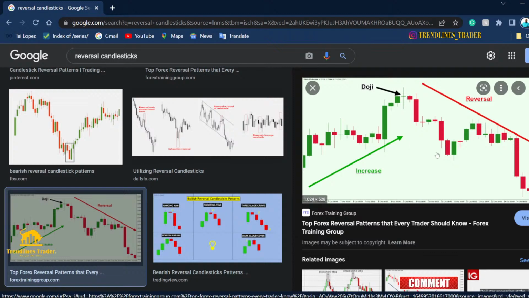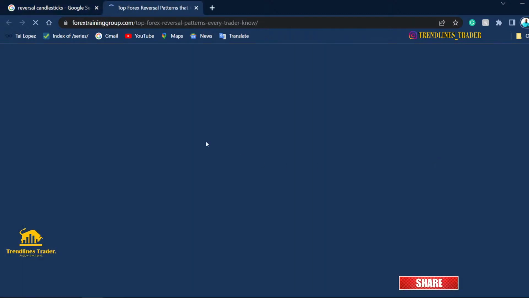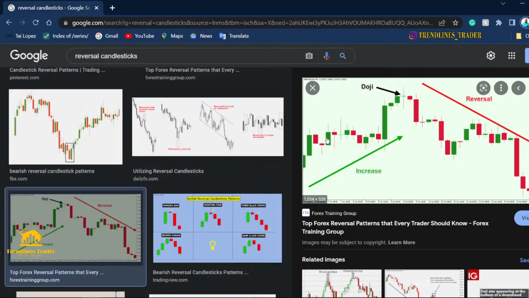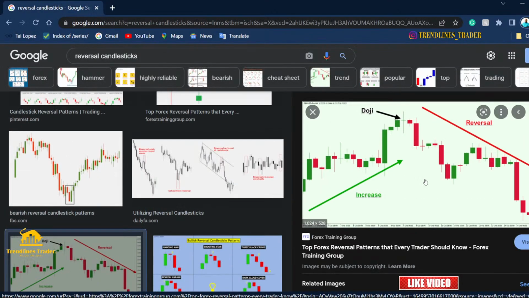I hope you guys are able to see this. Let me visit the website. I shouldn't visit the website because it's going to trigger my copyright on YouTube here. Anyway, you guys can see this. The price is bullish, and after the doji candlestick there, this is a doji candlestick, the price is pushing towards the downside.